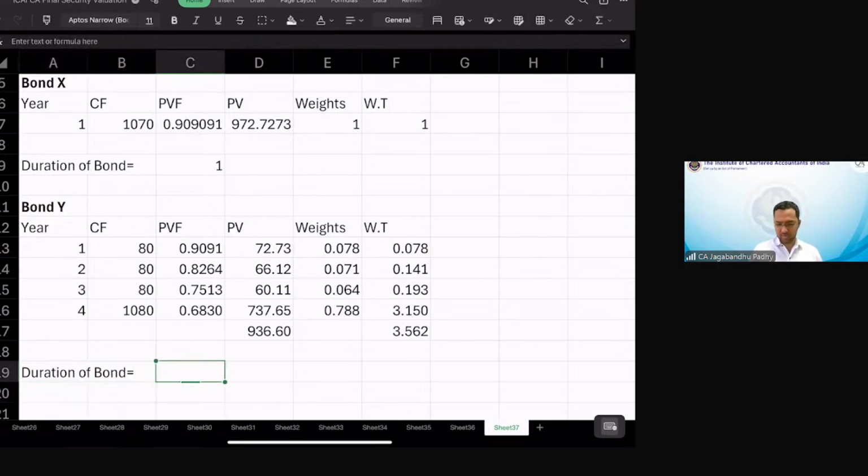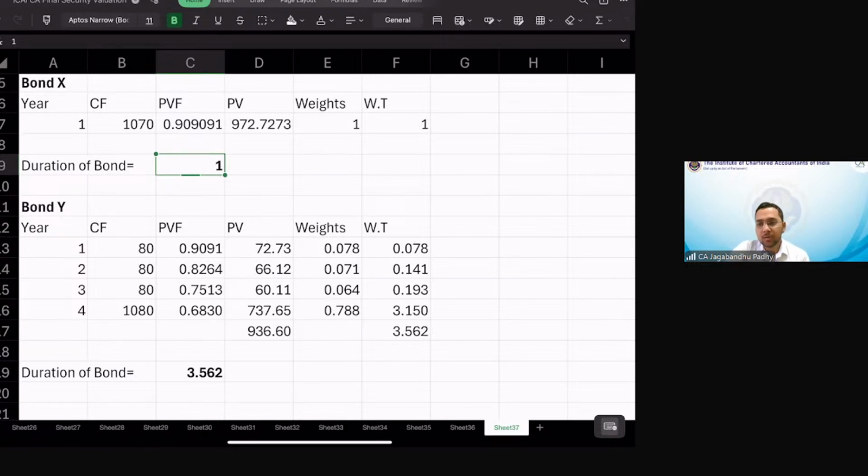Duration of the bond is basically 3.562. Okay, so we're getting the bond's modified duration to be 3.562. One bond is having a duration of 1 year. Second bond is having a duration of 3.562.